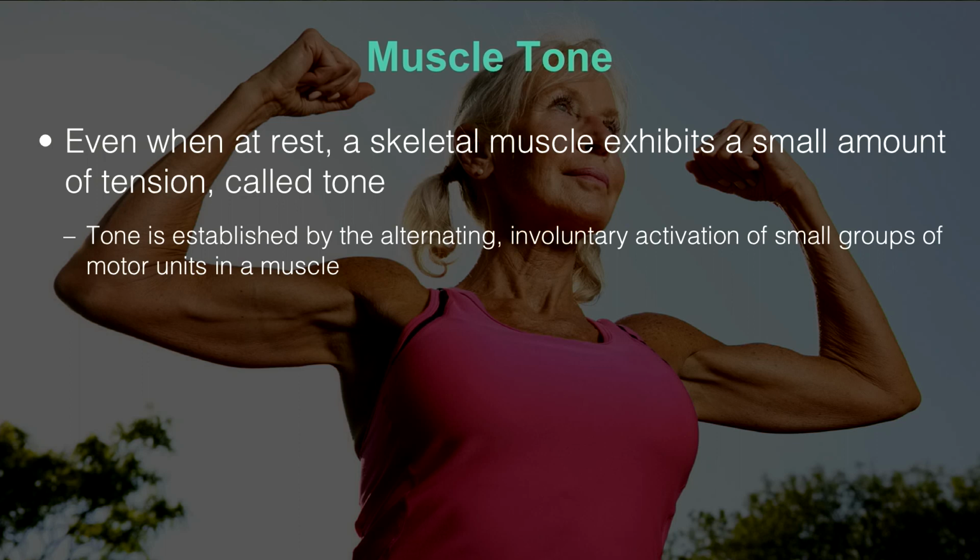And going back to the idea of alternately contracting motor units, tone is maintained by periodically activating the different slow motor units within the muscle. It's not always one, it would eventually fatigue.